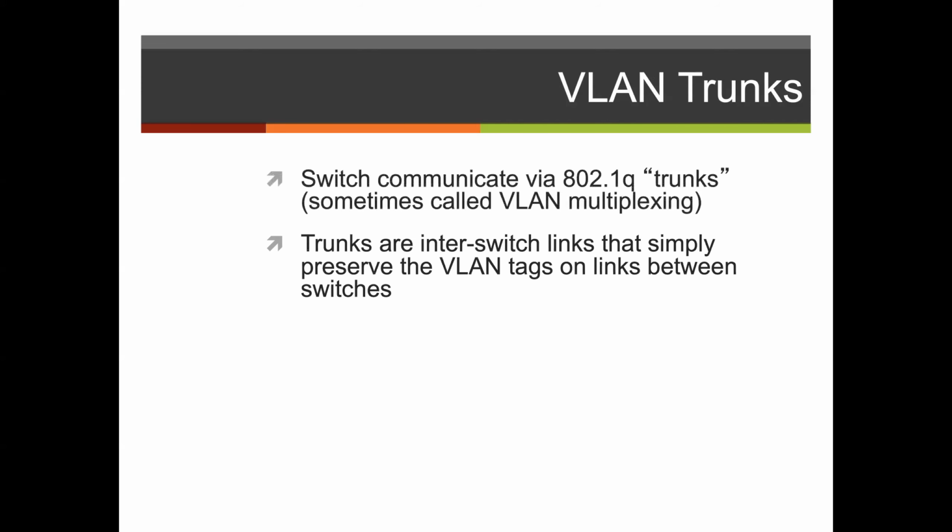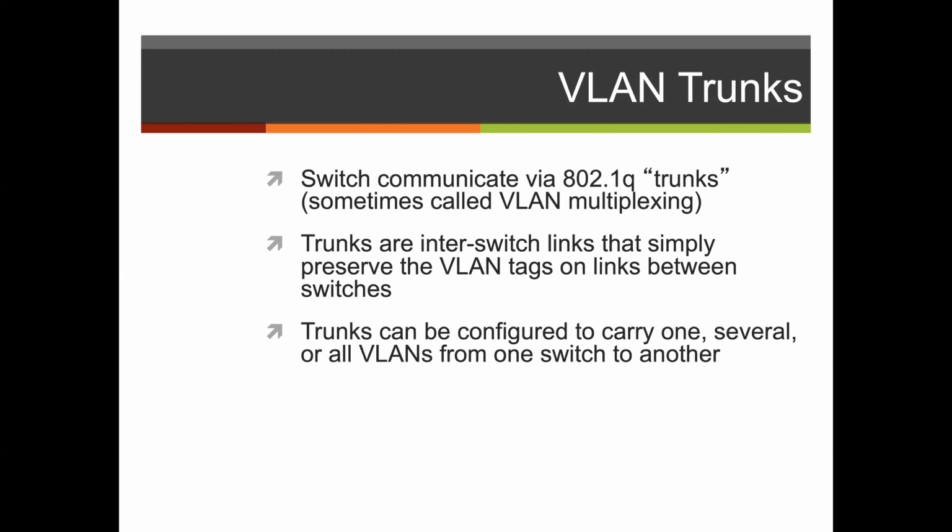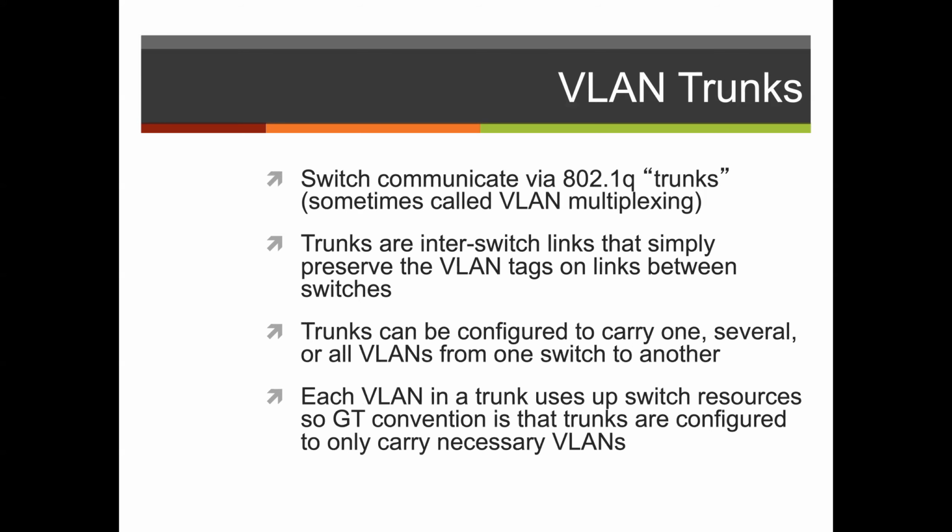So trunks act like an interswitch link that preserves the VLAN tags on links between switches. Trunks can be configured to carry one, several, or all VLANs from one switch to another. And each VLAN on a trunk uses up switch resources, so it allows for the trunks to be configured to only carry necessary VLANs.